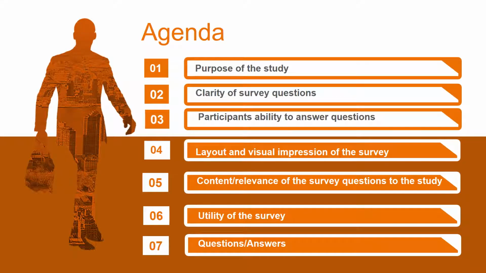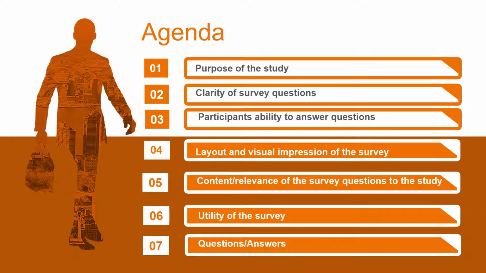On our agenda, first we will look at the purpose of this study. Secondly, we'll look at how clear our questions are, so clarity of the survey questions. Thirdly, the participants' ability to answer questions. Fourth, layout and the visual impression of the survey.